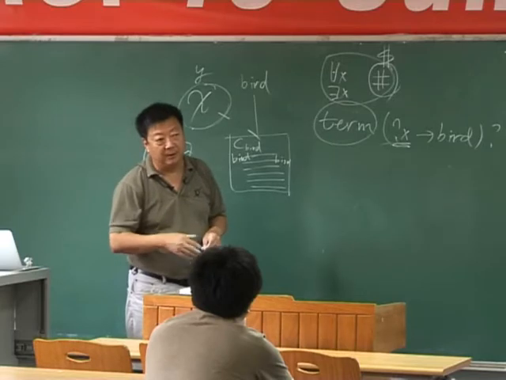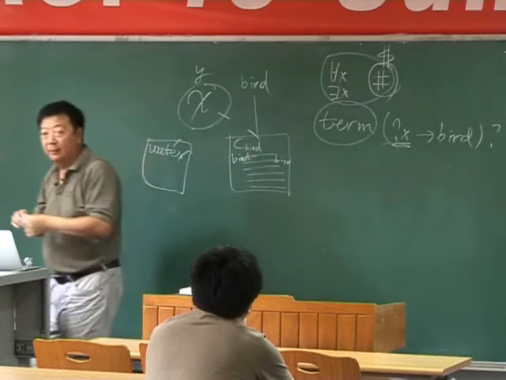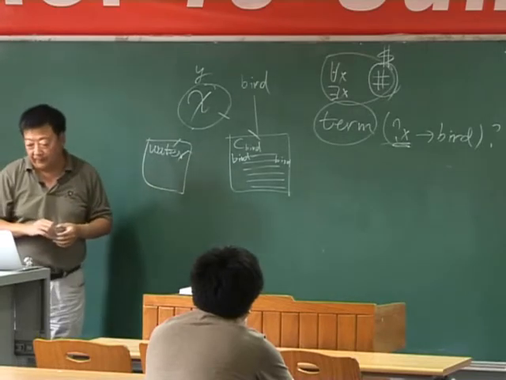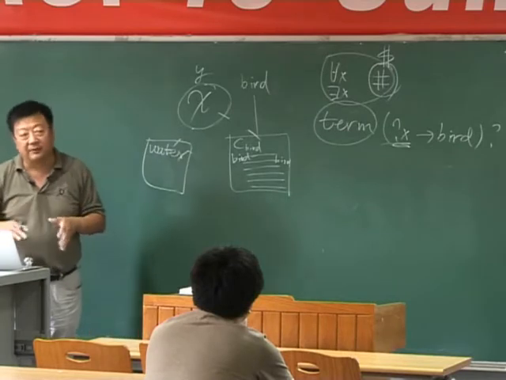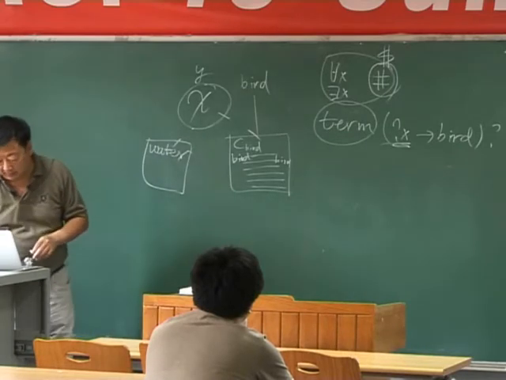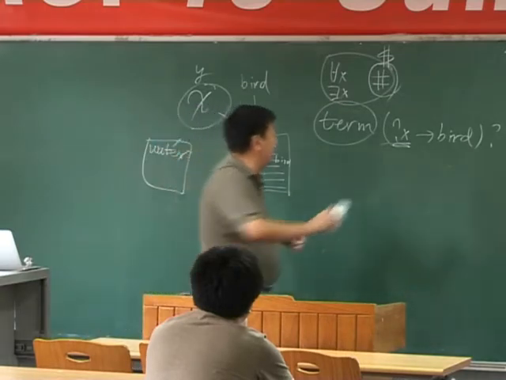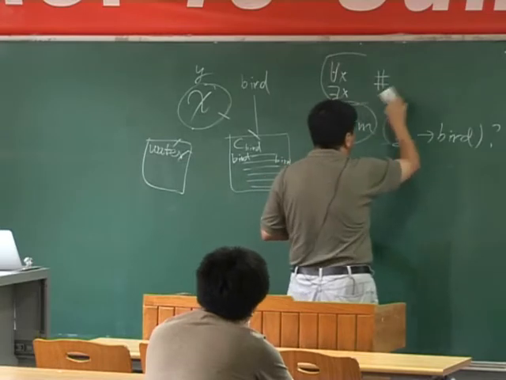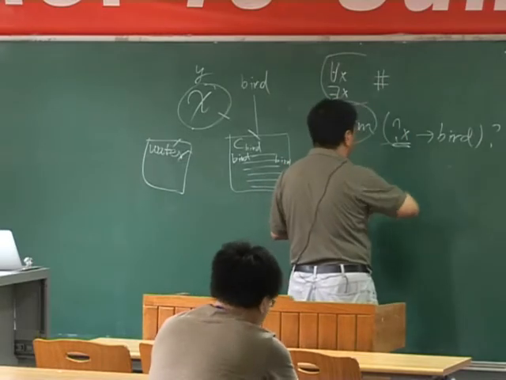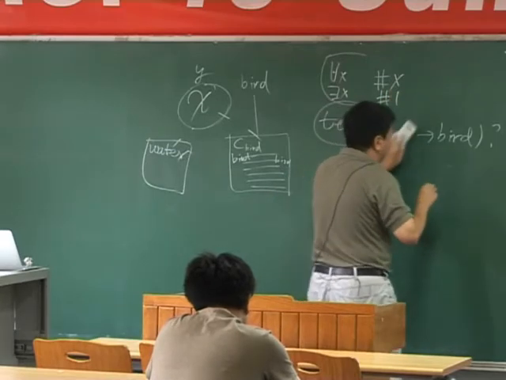Because the example is already using the new convention, so it's not exactly what the book tells you. But it's a notational change. It's not conceptual. It's still the same thing. So following the book, we say that both types of variables share this pound sign as prefix.